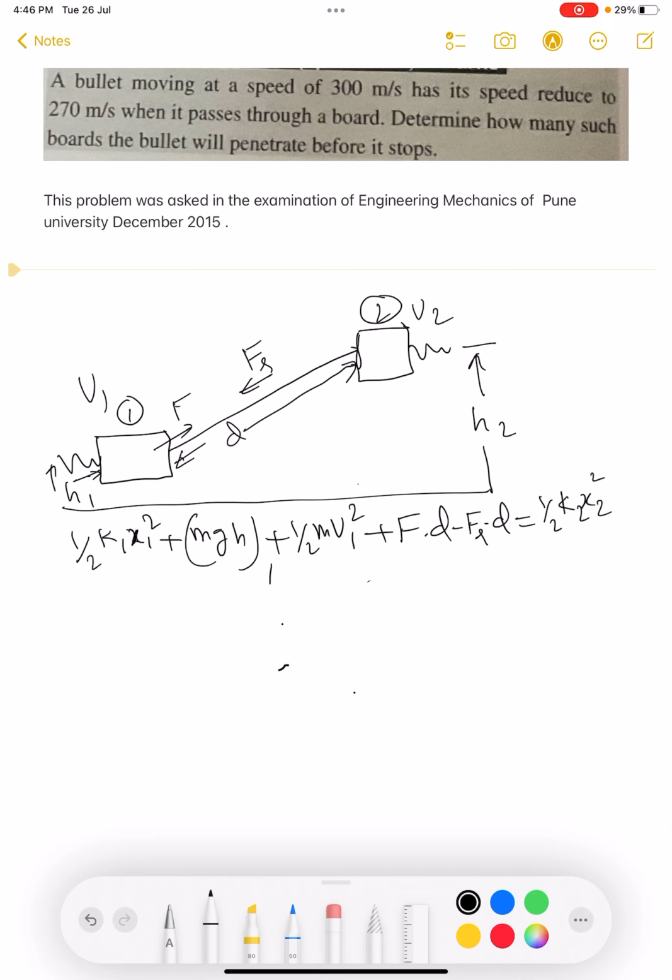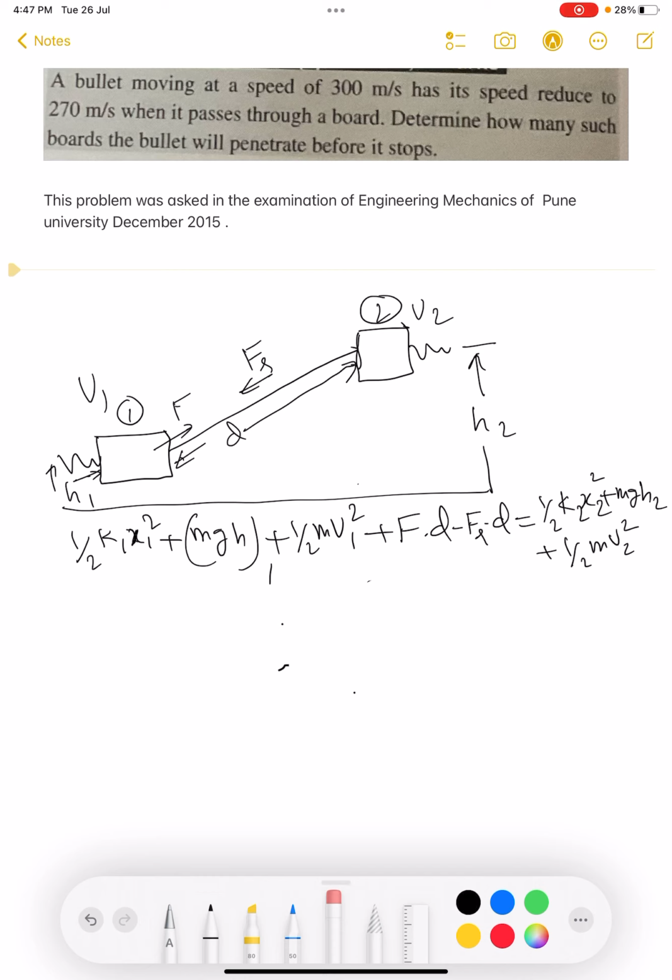Plus it will have mgh2 as potential energy, and plus half m v2 square. This is the general expression we will always use, so remember this. Fine.